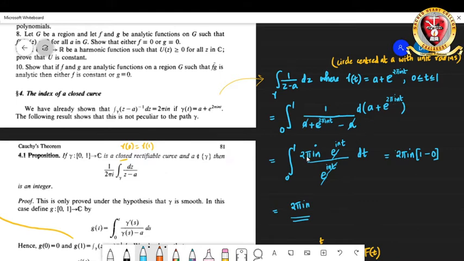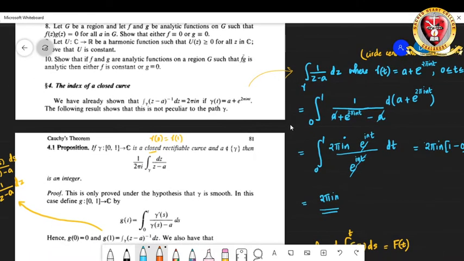When you simplify and calculate, you get the integral from 0 to 1 of 2 pi i n into e raised to i n t dt divided by e raised to i n t, and you get it finally as 2 pi i n.